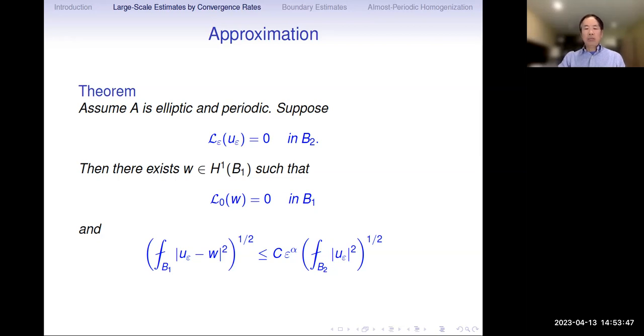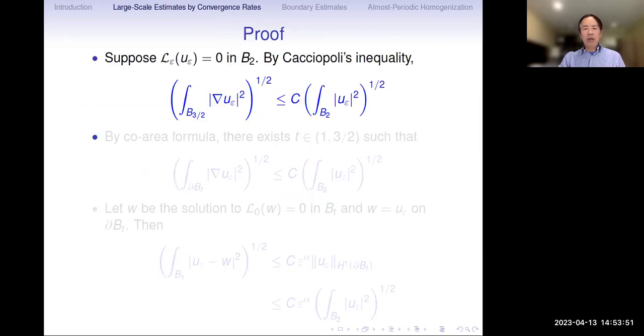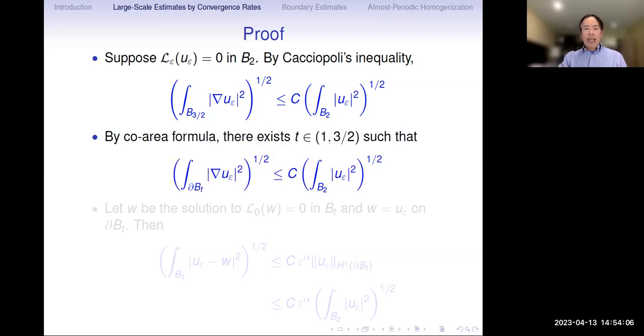Okay, so how do you do this? Well, first of all, you use Caccioppoli. So the integral of the gradient on B3 is controlled by the L2 norm on B2. That's just Caccioppoli. And then we use what we call a co-area formula. It's a very simple one here.